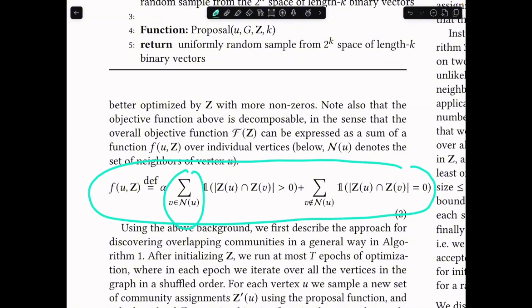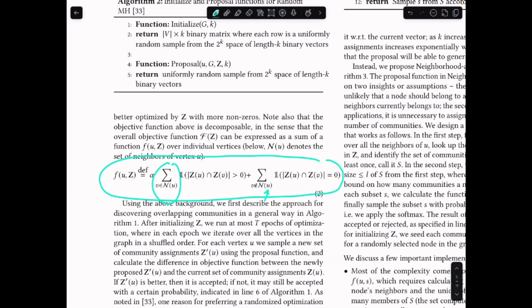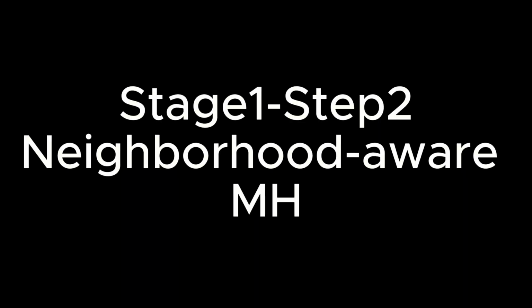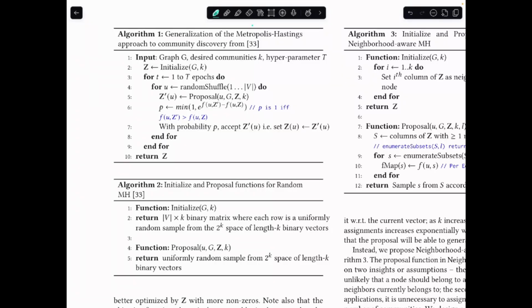And you look into the rest of the nodes that don't have an edge with this node and calculate the overlapping communities for the penalization, for the penalty. With this objective function, now we will know whether the community assignment is good or not. So we will use this objective function to measure the quality of community assignment.